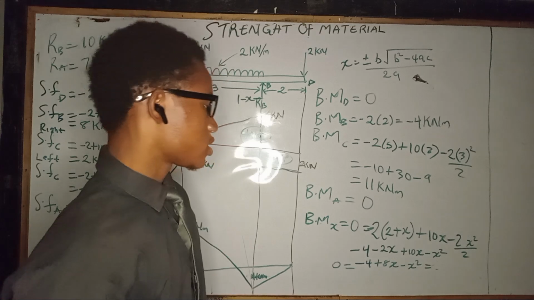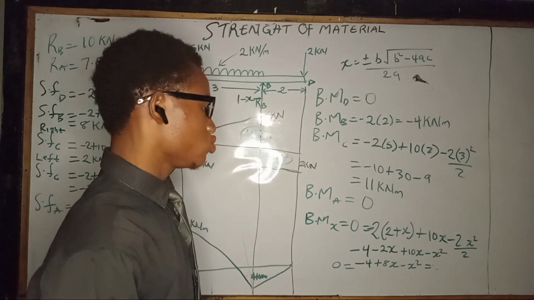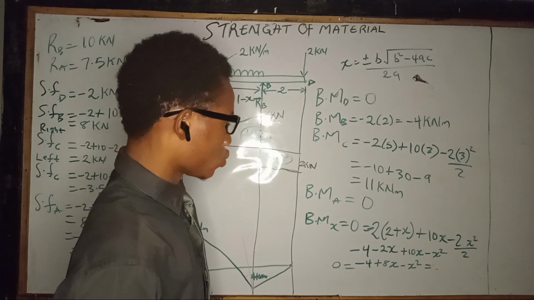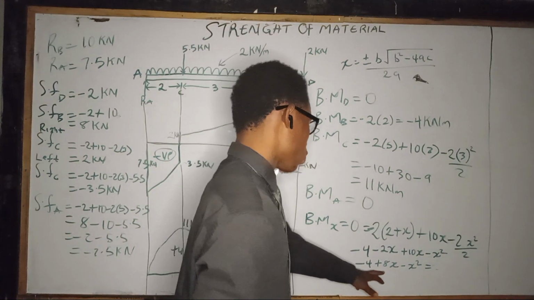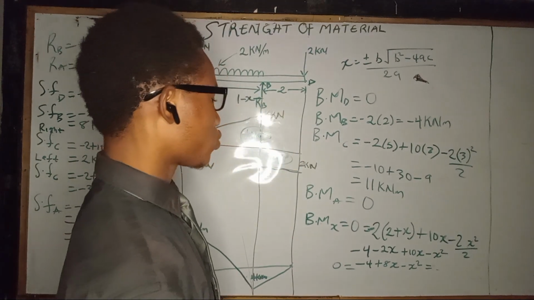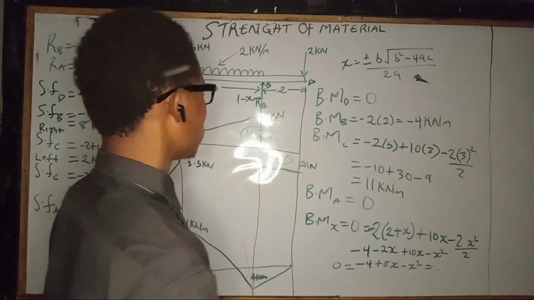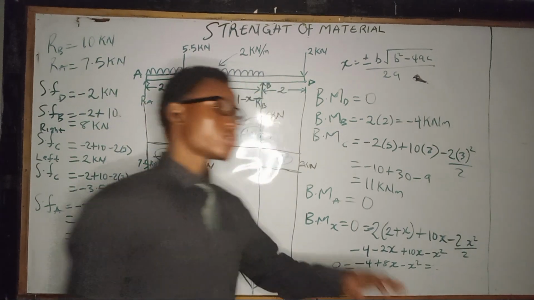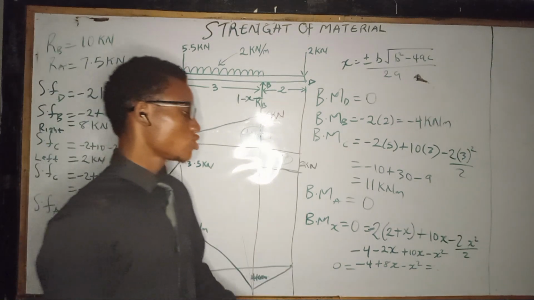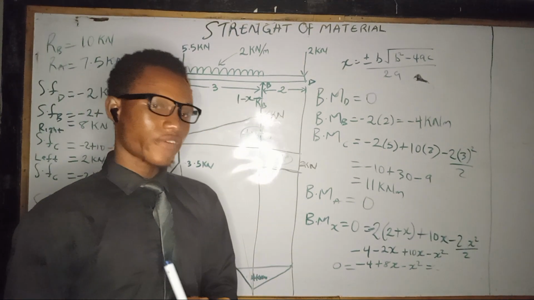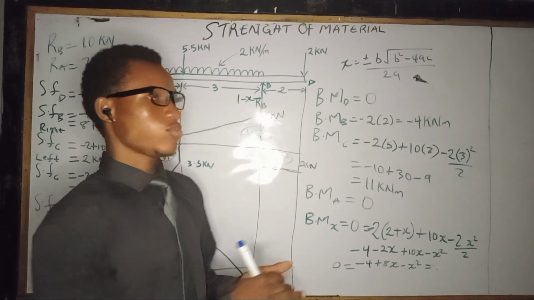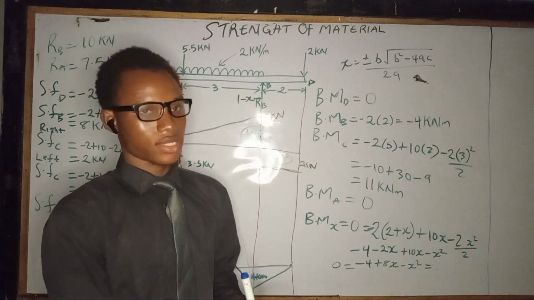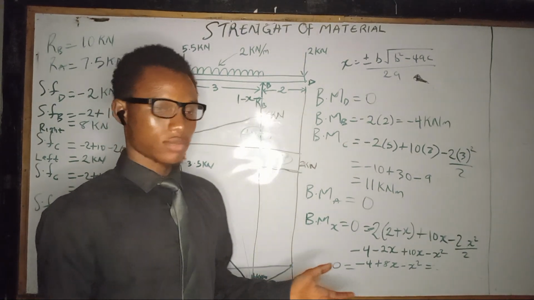We can use that, and we can also decide to use the factorization method if we can find something there. But given that this is a quadratic equation, we are most likely not going to find one answer. We are most likely going to find more than one answer. So that is for that.